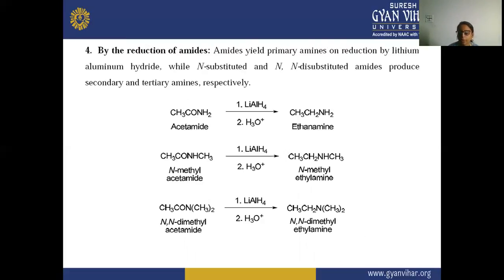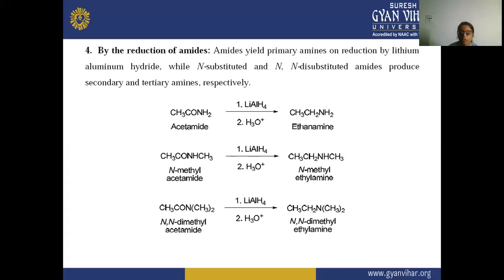Amides yield primary amines on reduction by lithium aluminium hydride, while N-substituted and N,N-disubstituted amides produce secondary and tertiary amines respectively. So this acetamide, when it reacts with lithium aluminium hydride and hydronium ion, there is a formation of ethanamine, which is the primary amine, and N-methyl acetamide reacts again with the lithium aluminium hydride.